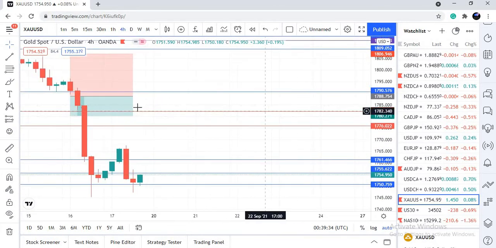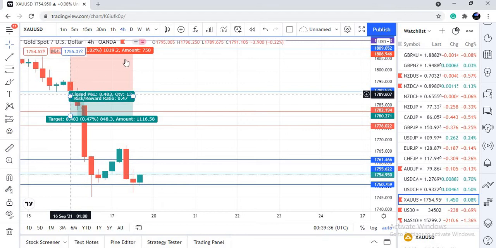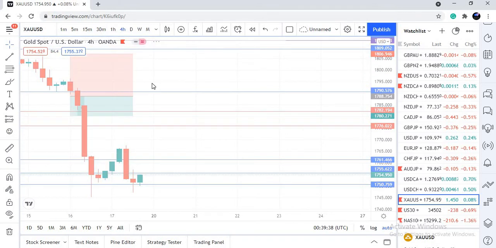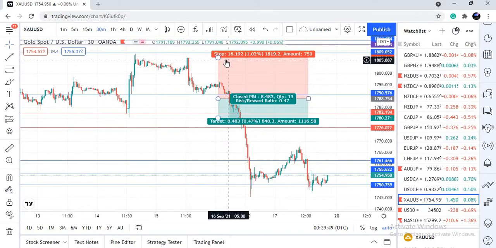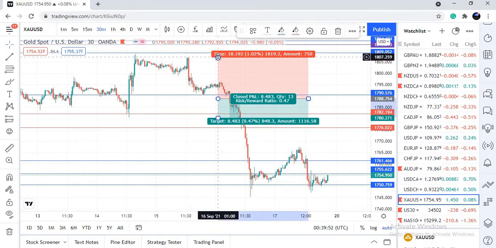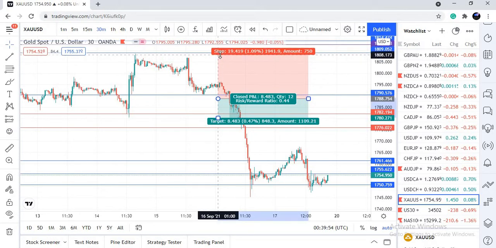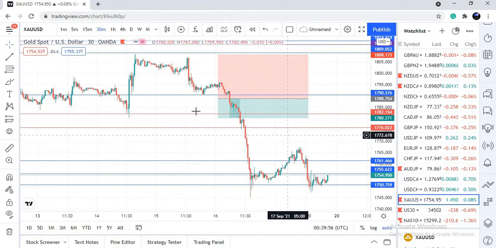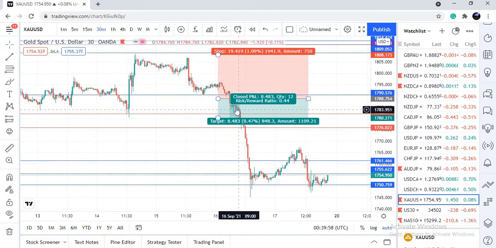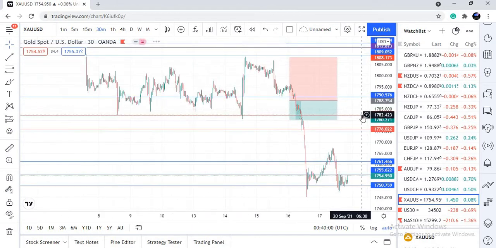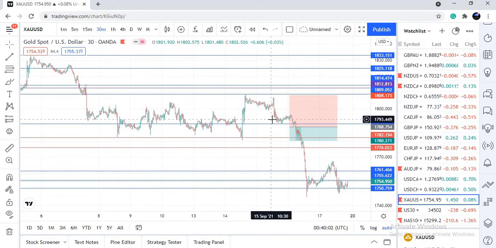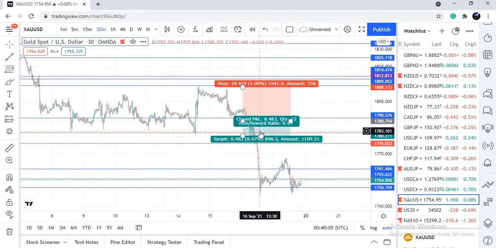We placed a buy on this trade around this level, expecting that it was going to move in our favor. We placed a buy trade. We targeted about 194 pips, almost 200 pips, and we expected that it was going to buy when it gets to this support level. But unfortunately for us, the gold pair didn't move in our favor.